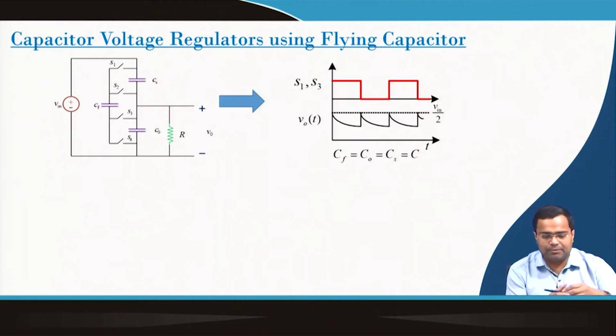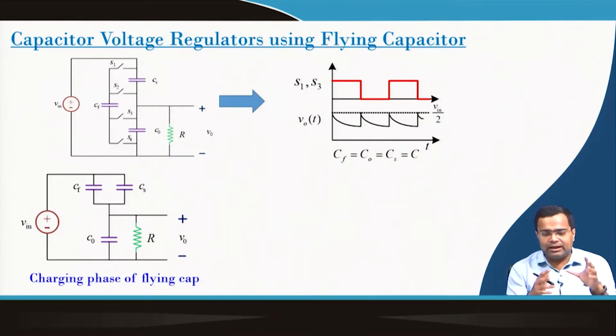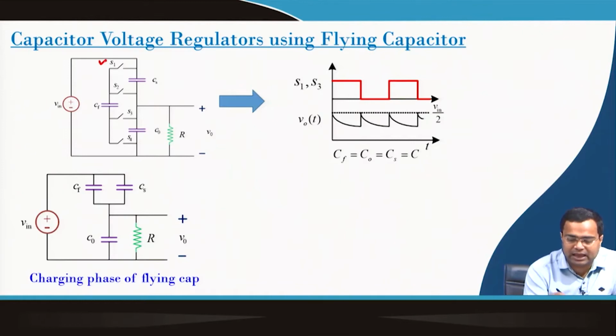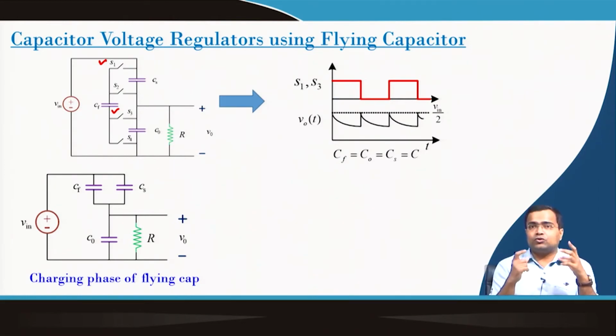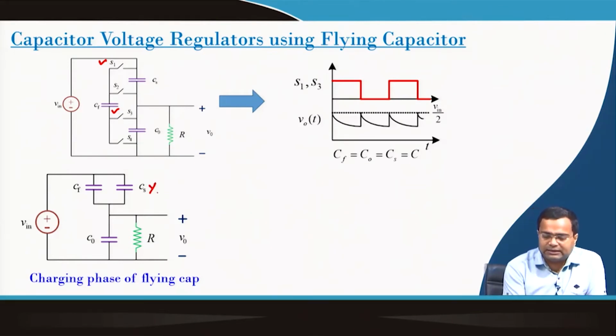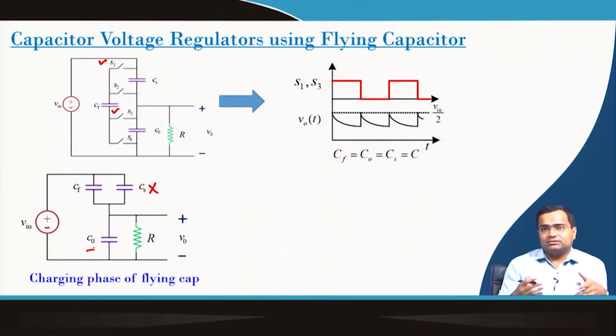That means if you take this configuration, when S1 and S3 are on, that means these switches are on, then the flying capacitor is connected across the source capacitance, and if the source capacitance is not there, the flying capacitor is connected between the supply and the output capacitor C0, and it is now getting charged.